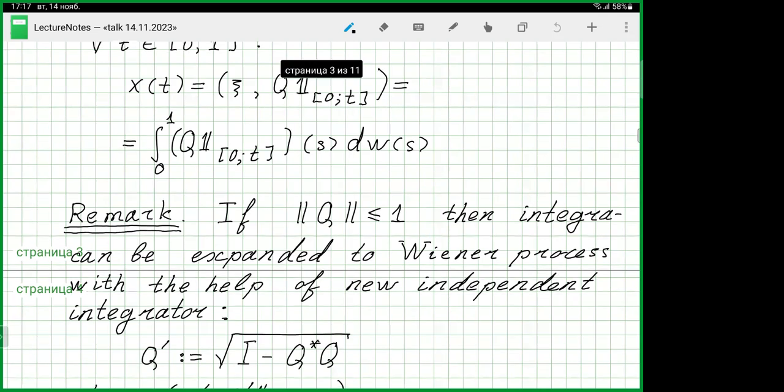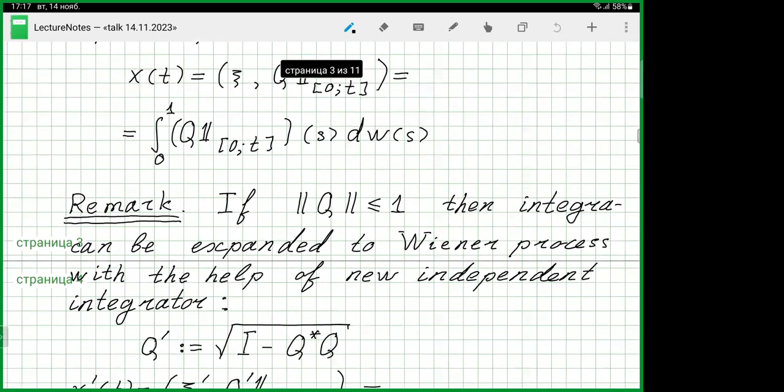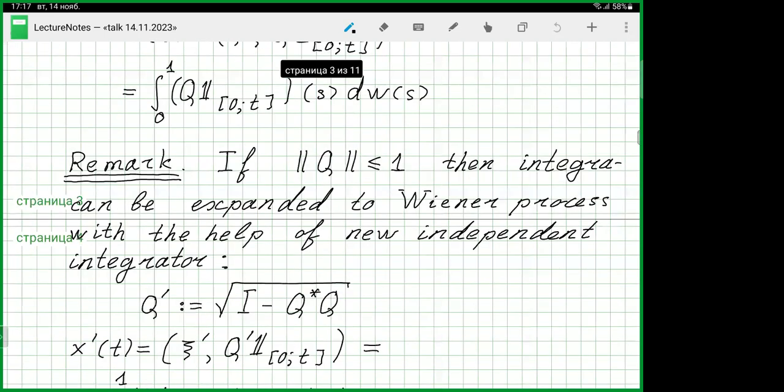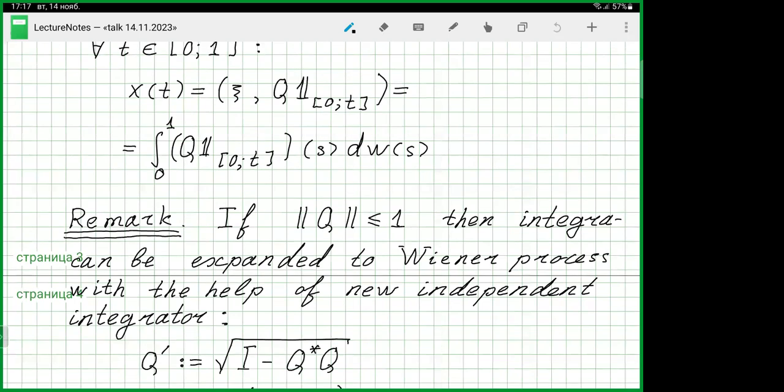So let us define the new operator Q prime such that it is equal to the square root of E minus Q star multiplied by Q. The inequality that the operator norm of Q is less than or equal to 1 gives us the possibility to say that the difference of the identity operator E minus Q star multiplied by Q is a non-negative self-adjoint operator, and one can define the square root using spectral theory.